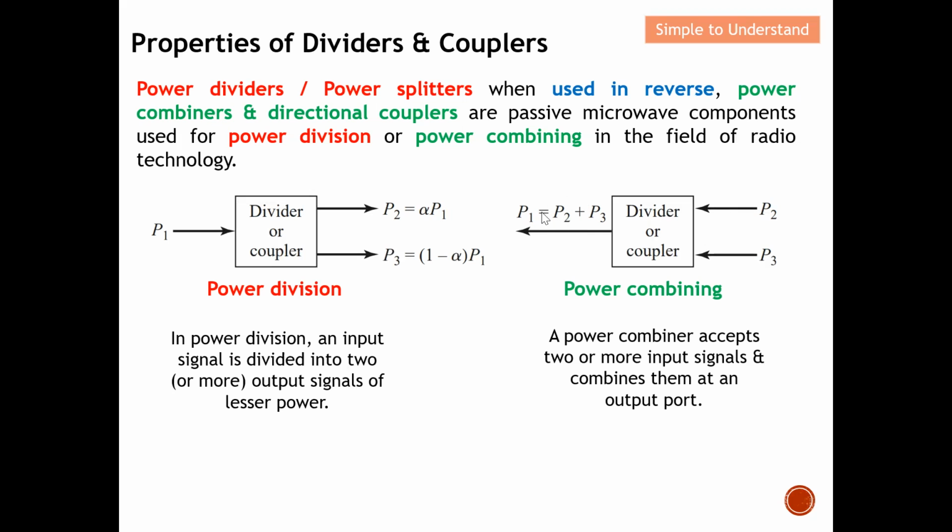In short, P1 in this case cannot be greater than the summation of P2 and P3, as the source is all from the input ports. Therefore, P1 cannot be greater than the sum of P2 and P3. This is a very simple definition of power divider and power combiner.